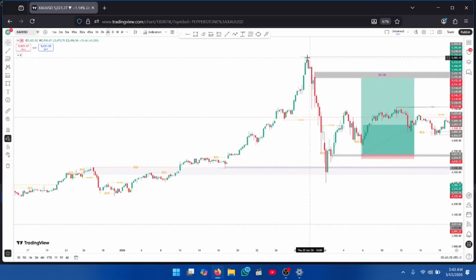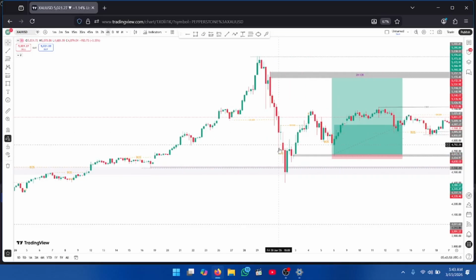That's why after this huge run to the upside, after forming an all-time high at about 5100 plus, the market pulled back to this support level, which was our previous resistance level.